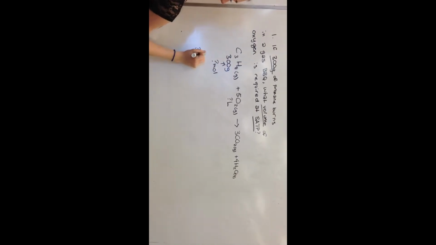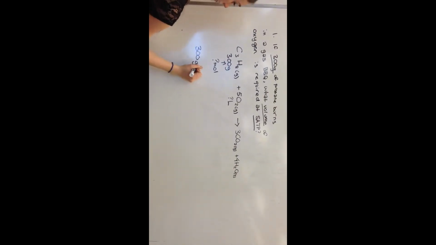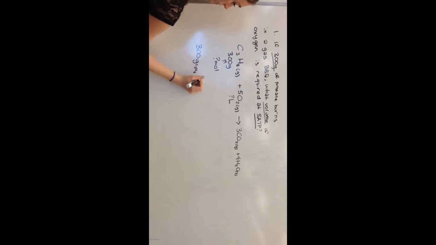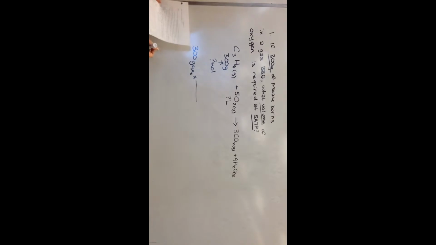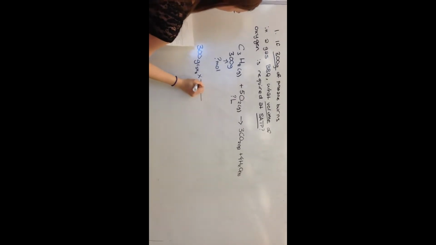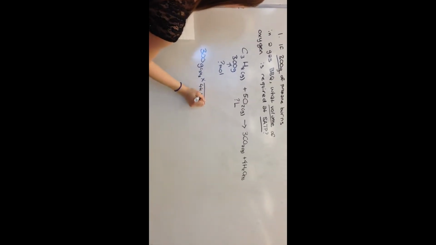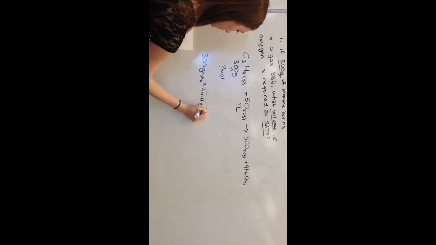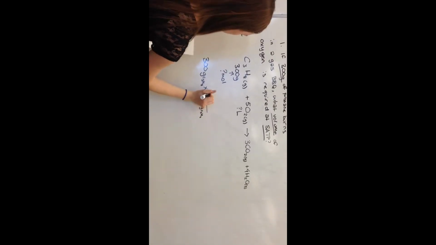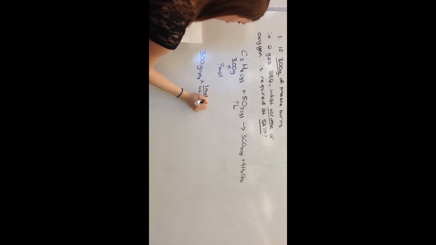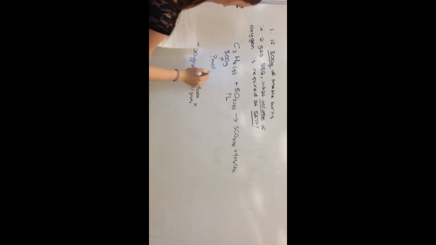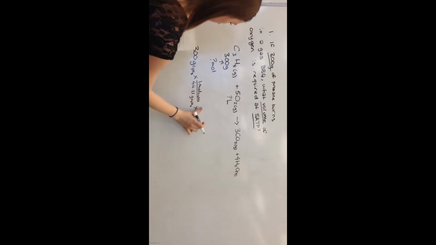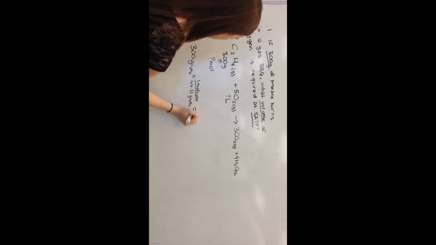So to do that, we start with the amount that we have, which is 300 grams, and then we find the molar mass, which is 44.11 grams for every 1 mole.